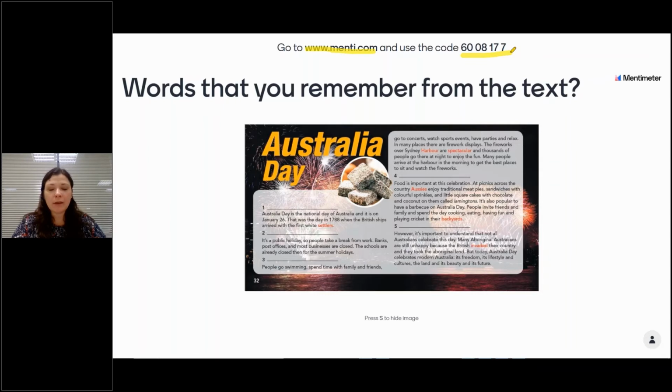Once you are there, please write and send to me some words that you remember from the text. I have even put the text to you to support your answer.